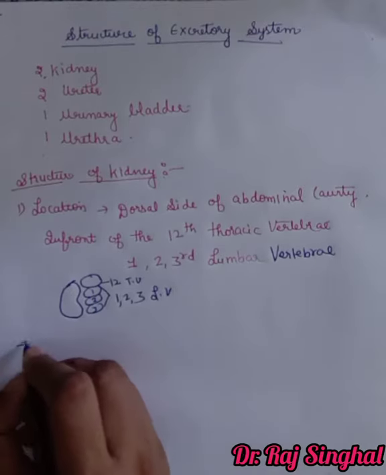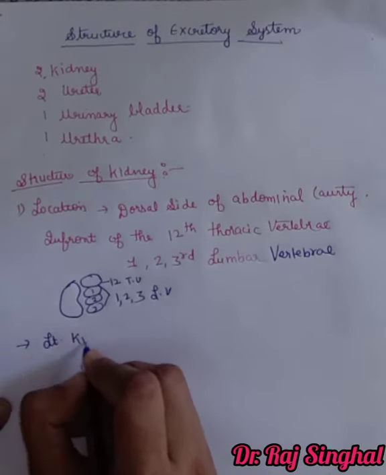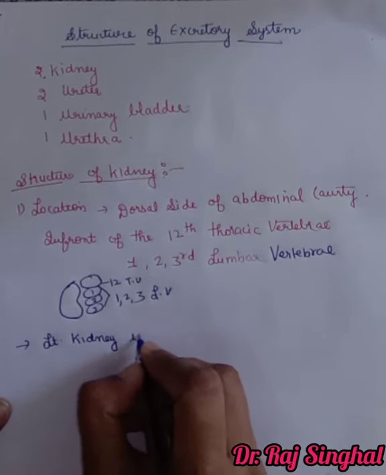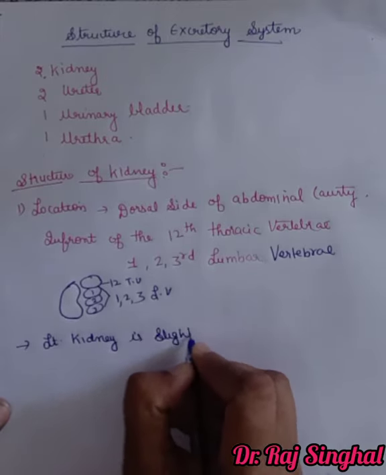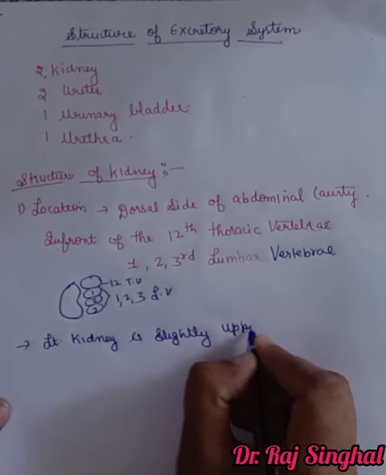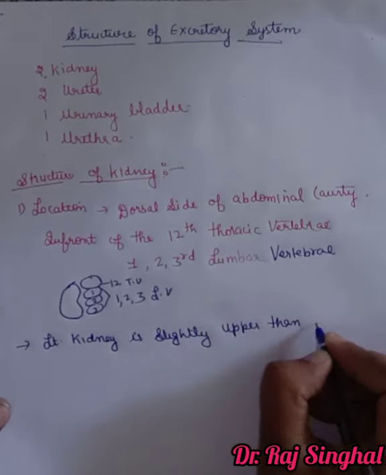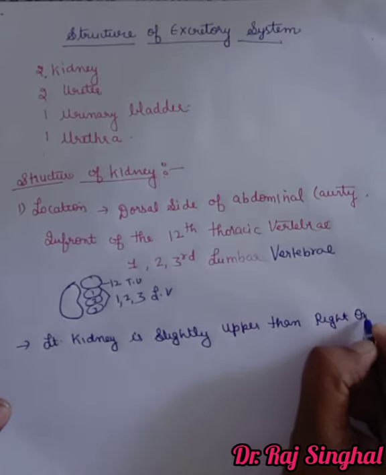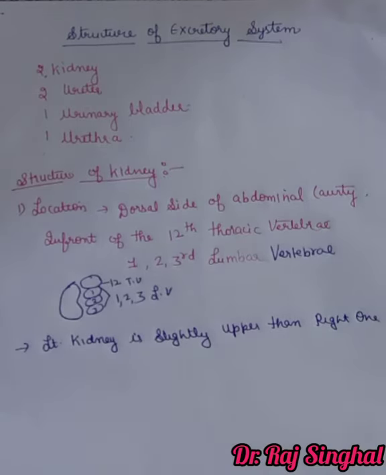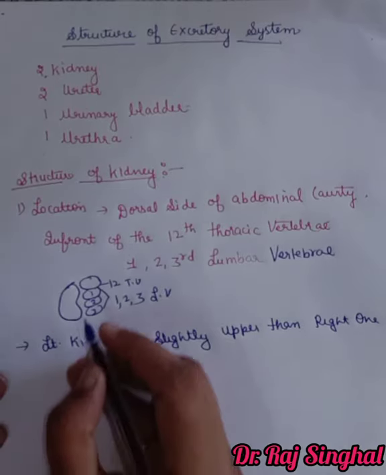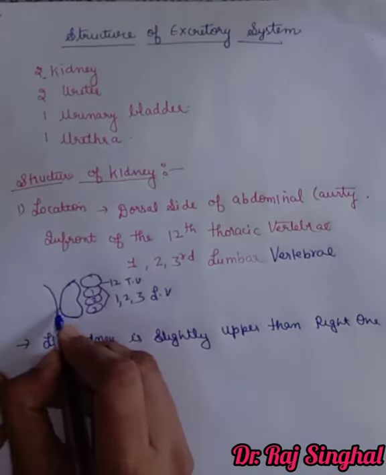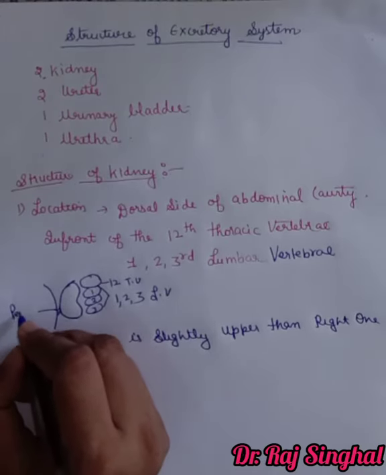Left kidney is slightly upper than right kidney. The reason behind this is that right kidney is pushed by the liver, so it is slightly at lower side of left kidney. Both the kidneys are attached to the abdomen by a fine layer of peritoneum.